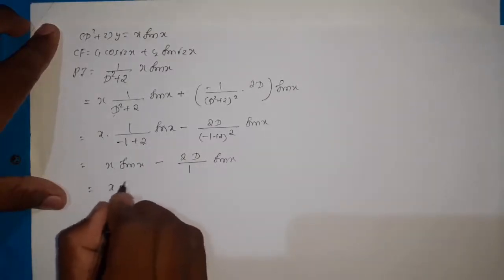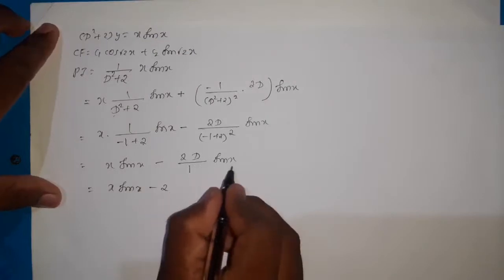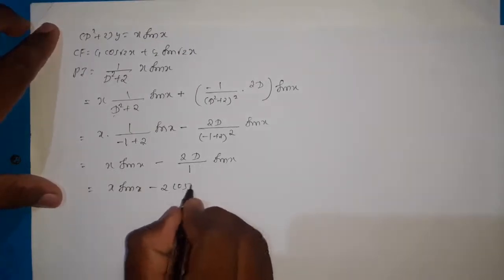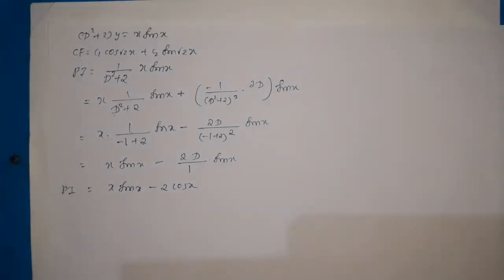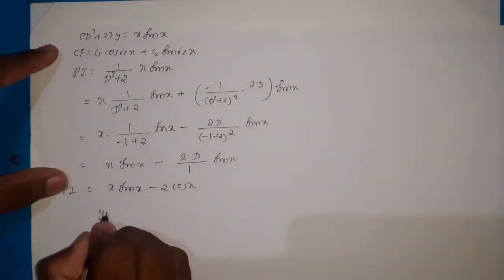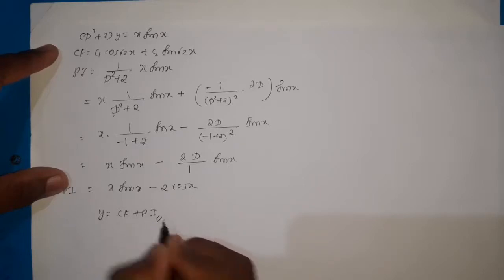So therefore it is x sin x minus 2 into differentiation of sin x, which is cos x. So x sin x minus 2 cos x is the particular integral for this one, and then the complete solution y is equal to CF plus PI.